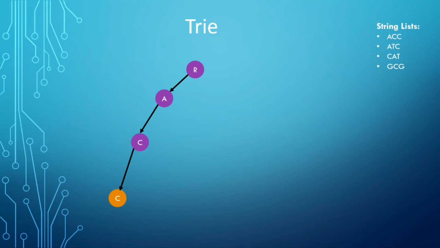Move on to the next string, A, T, C. Here the root and current node is R. R will search, do I have a state named A? Yes, there it is. And A will search, do I have a state named T?